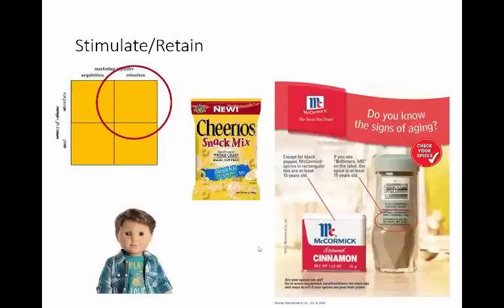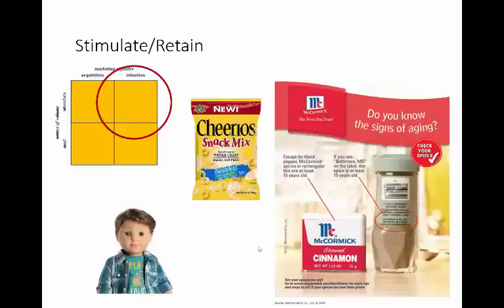On the lower portion of your screen, I have an image there of the new American Girl boy doll that was just announced recently. And I think it's a great example for stimulate retain. People who buy American Girl dolls for their collection or for play, the families I know, at least, whose children have some of these dolls, they buy into the brand and then they continue to buy into the brand.